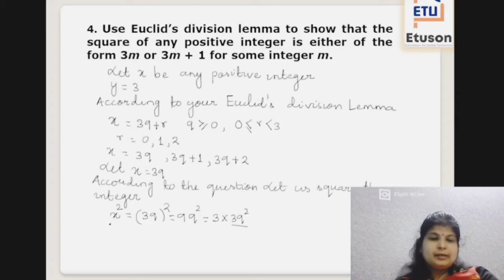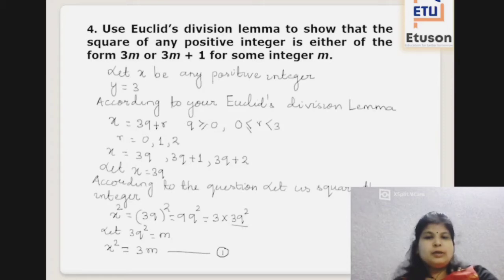So let 3q square be equal to m. Finally, what can I write for x square? x square is equal to 3m. In place of 3q square, I have written m. So let us consider this the first case.